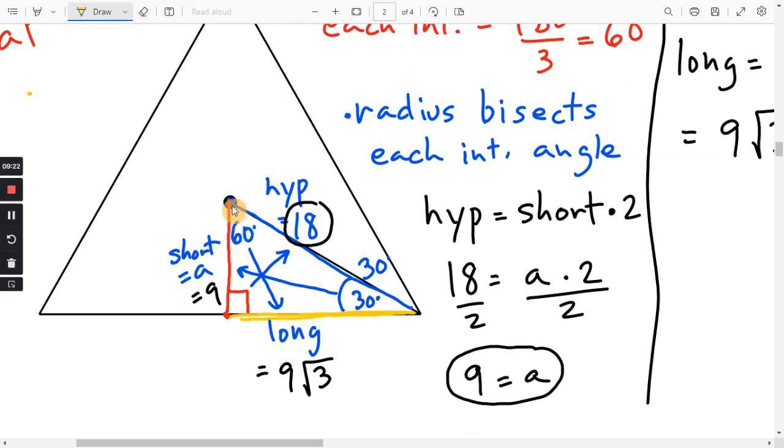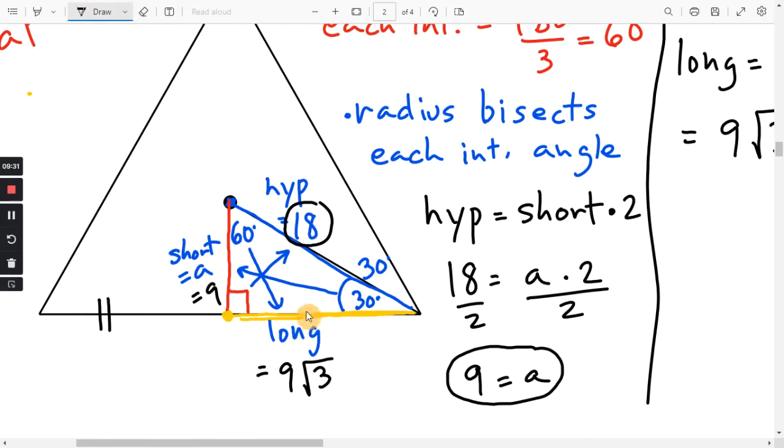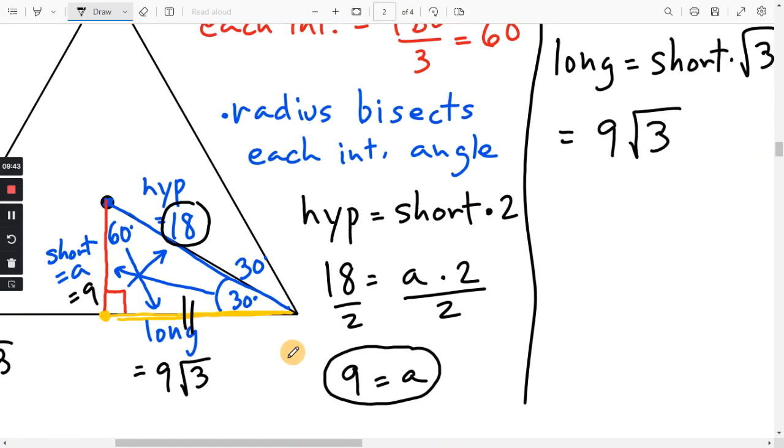Now remember, we said the apothem goes right to the midpoint. So that means that this segment is congruent to that segment. So if this is 9 radical 3, that's also going to be 9 radical 3. All right, so to get the whole side, we just do 9 radical 3 times 2.